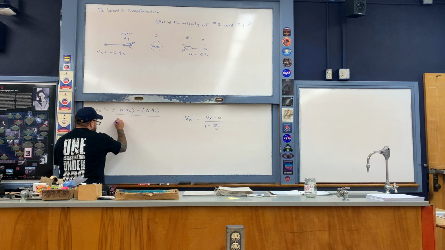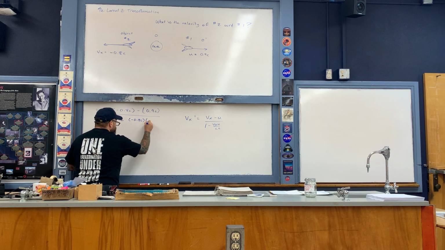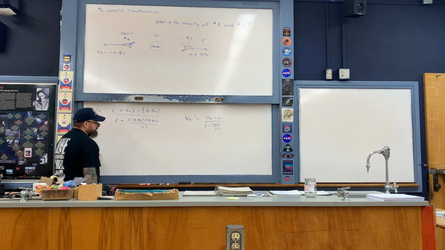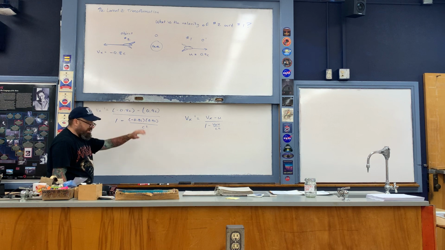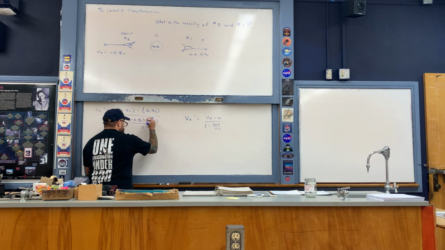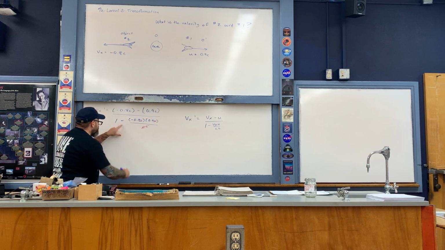So in the denominator, I have 1 minus V sub x times u divided by c squared. Notice that here in the denominator, all of the c's cancel out, and then this negative sign is going to cancel with this negative sign to give me a positive.